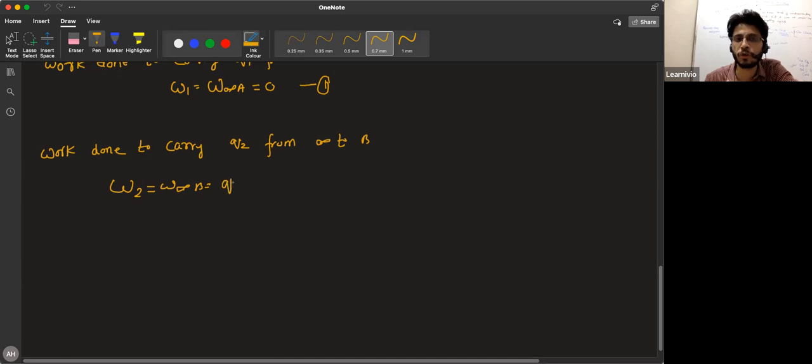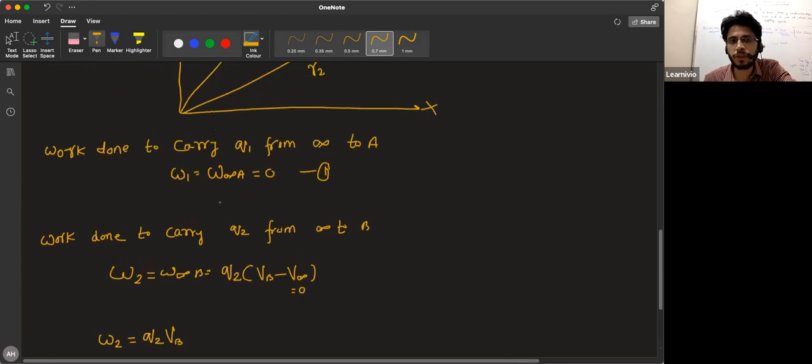And which Q, Q1 or Q2? Q2, so Q2 times the potential at B minus the potential at infinity. How much is potential at infinity? Potential at infinity is 0. So your W2 will be Q2 into VB.